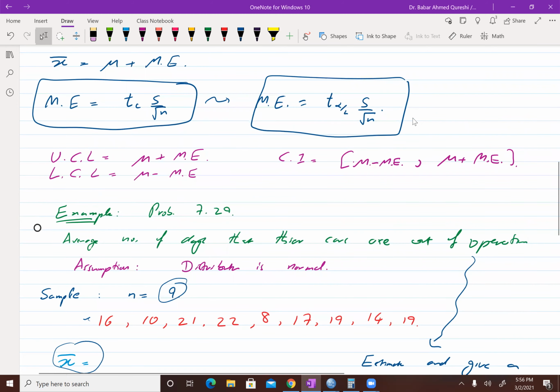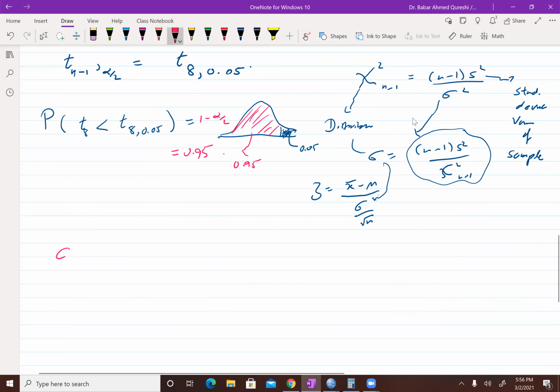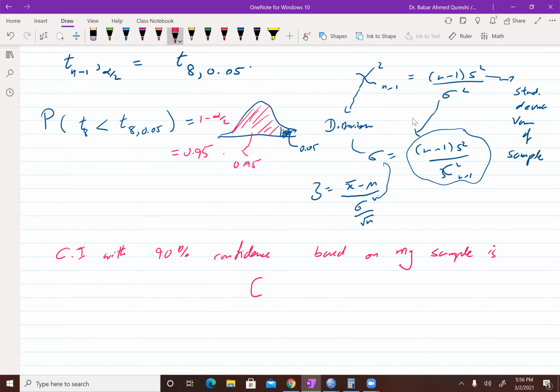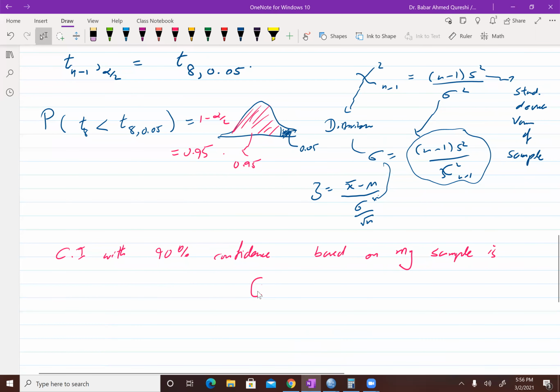So I have computed that the confidence interval with 90% confidence, based on my sample, is, let's see, what was it? 13.25 to 19.19.